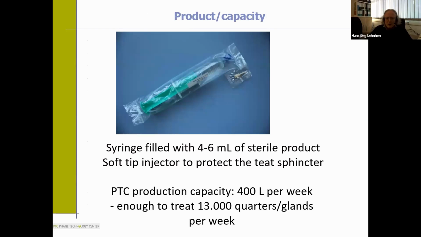Right now, at PTC, we have a production capacity of about 400 liters of bacteriophage product per week. So we could produce enough product to treat 13,000 quarters, or divided by 4, that many cows if all the quarters were infected. So we can run quite a large field trial.